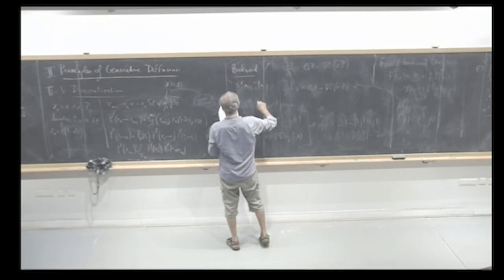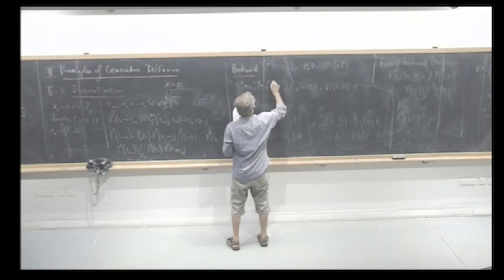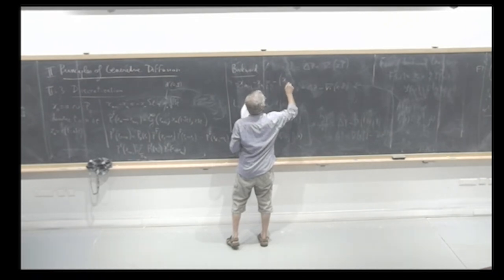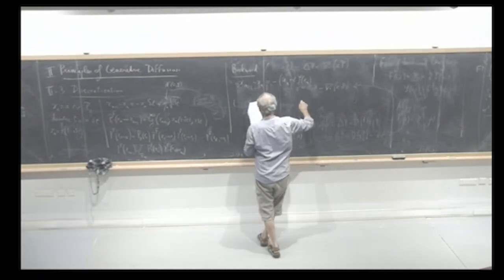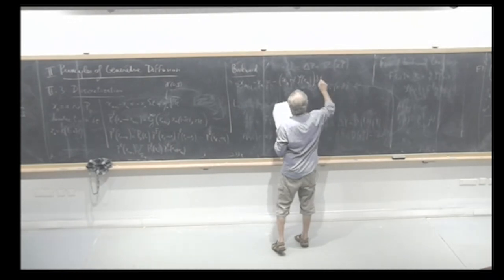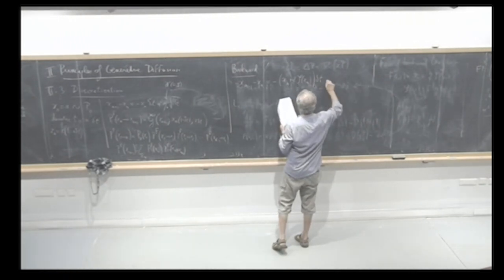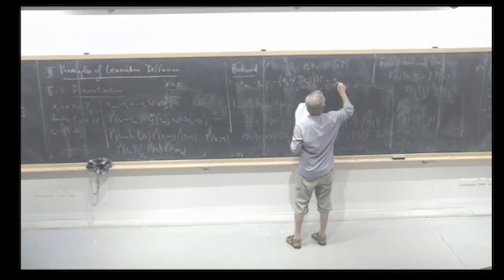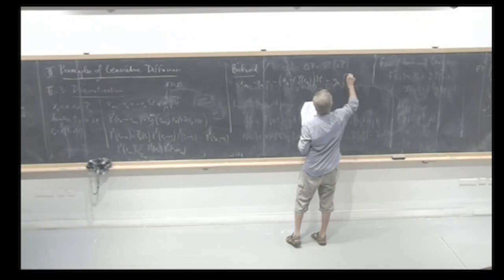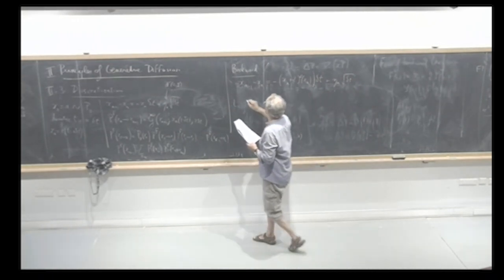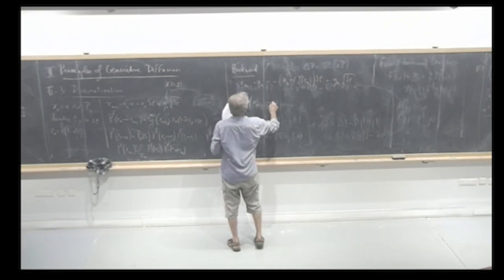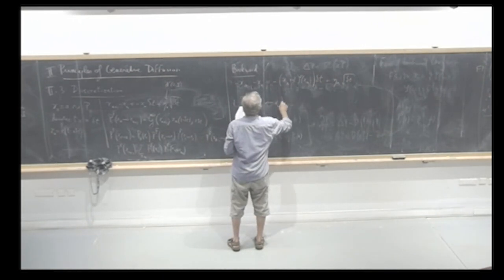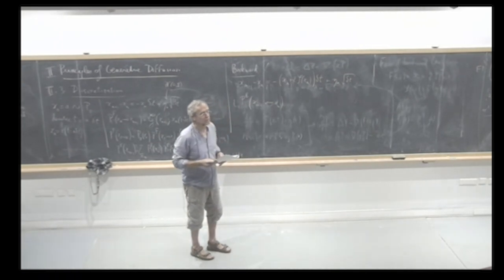Xn minus 1 minus xn will be equal to minus xn plus twice the score at xn, times delta t, plus eta n square root of delta t. And so I have a hopping probability backwards that brings me from xn to xn minus 1.